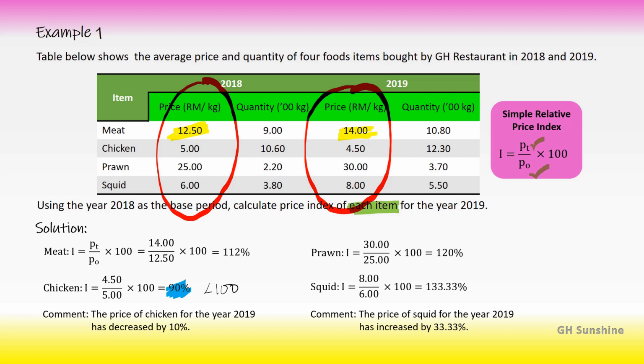So look at the value obtained. The value is 133.33%. Therefore, the price of squid for the year 2019 has increased by 33.33%. So this one is an increase because the value of the price index is greater than 100, compared to the price index for chicken, which is a decrease.